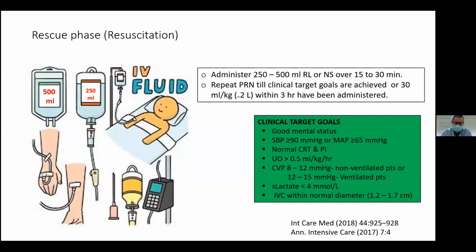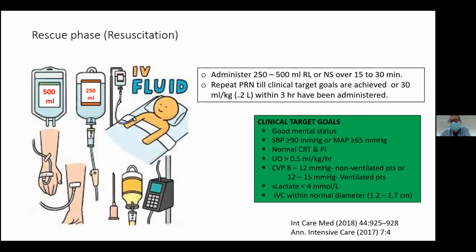Normal capillary refill test and perfusion index. Remember that perfusion index is a trending issue, like BP as well, mainly perfusion index, because there is no clear cutoff value. You need to assess whether it is trending up or trending down. If improving, of course, it should be trending up. The urine output more than 0.5 ml per kg per hour.